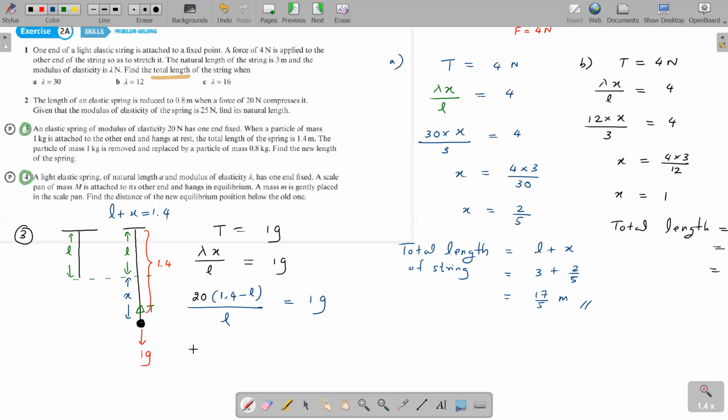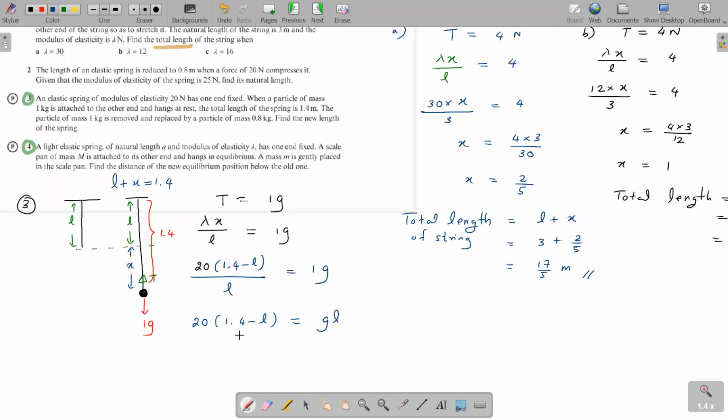So 20 into 1.4 minus L equals 1 times g times L, or basically gL. Open the bracket, make L the subject. 20 into 1.4 is 28. Minus 20 into L is 20L, equals gL. Take all the L terms to one side. So 28 equals gL plus 20L.